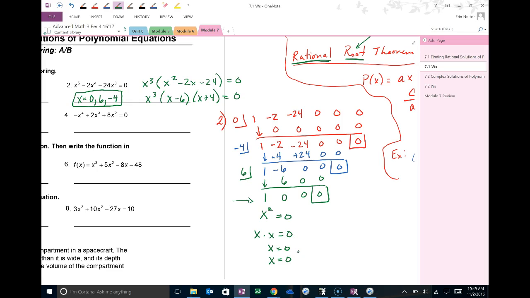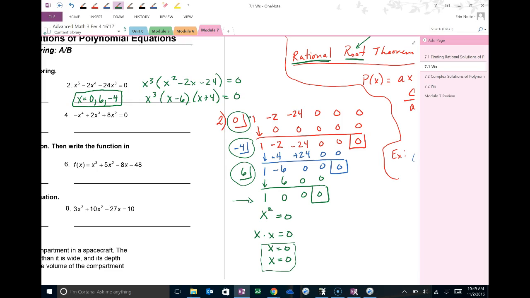It's like using this x and then using that x. So see how many solutions I just found? How many solutions did I just find? There's 2, 3, 4, 5. How many of them were 0?